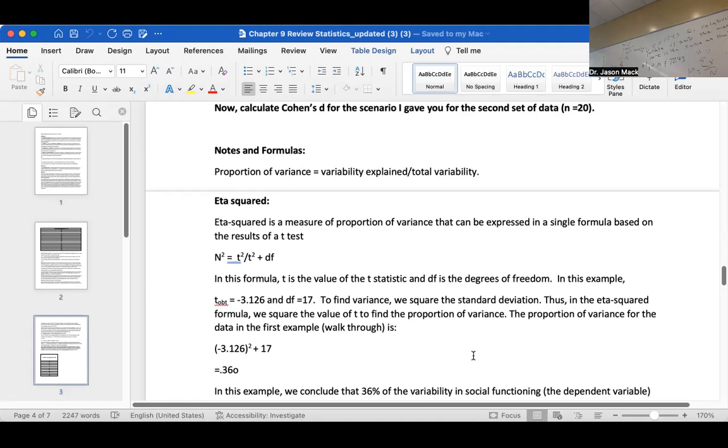So in this example, we conclude that 36% of the variability in social functioning, the dependent variable, can be explained, so how much it varies, 36%, or it can be explained by the fact that participants were relatives who care for patients with OCD of the treatment.